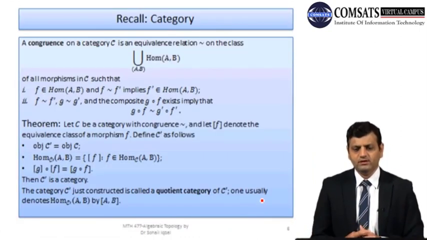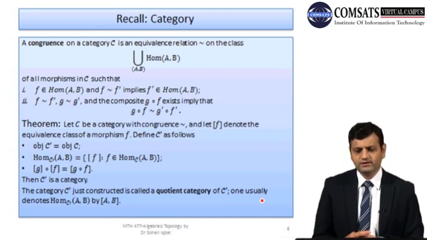Now let's recall what a category is and what a quotient category is. So we know what a category is: it has objects, it has morphisms, and it has the composition rule. And suppose I have an equivalence relation on the collection of all morphisms in a category C, between objects A and B of the category, such that the following conditions are satisfied.